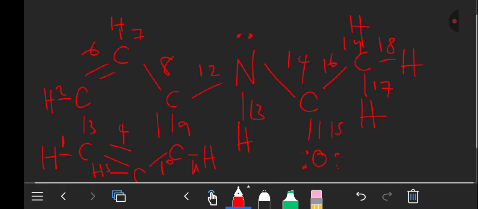So we can see that there are 19 sigma bonds.